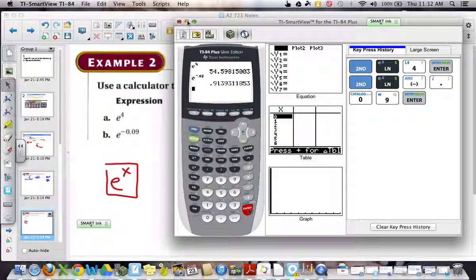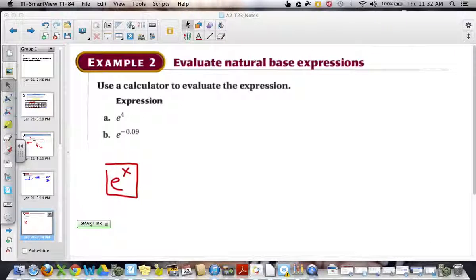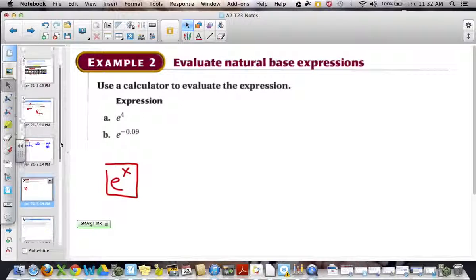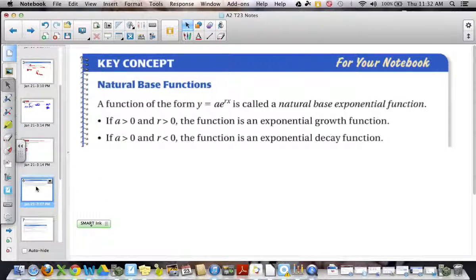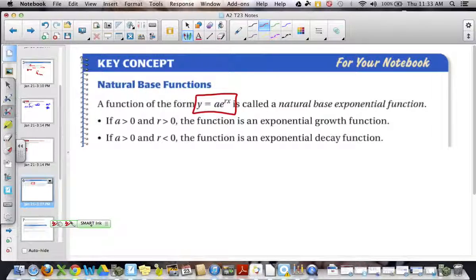Now, why is that important? Well, we've been talking about exponential growth and exponential decay. So in terms of e, a function of the form y equals a times e to the rx is called a natural base exponential function.